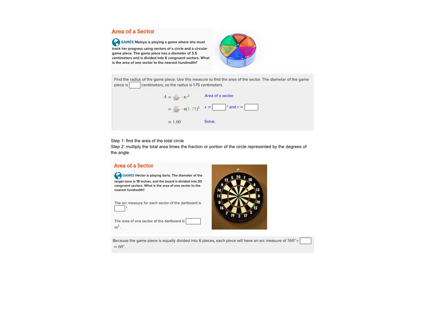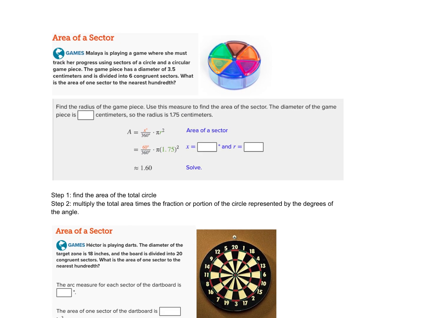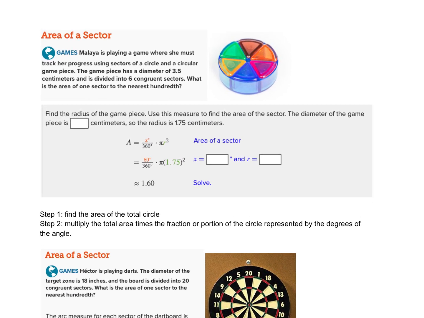The next page talks about area of a sector. Okay, area of a sector. So this first one here kind of goes through the steps for you. And we've previously done that.